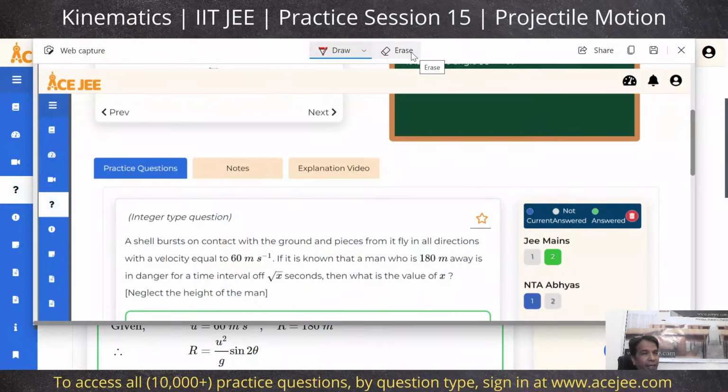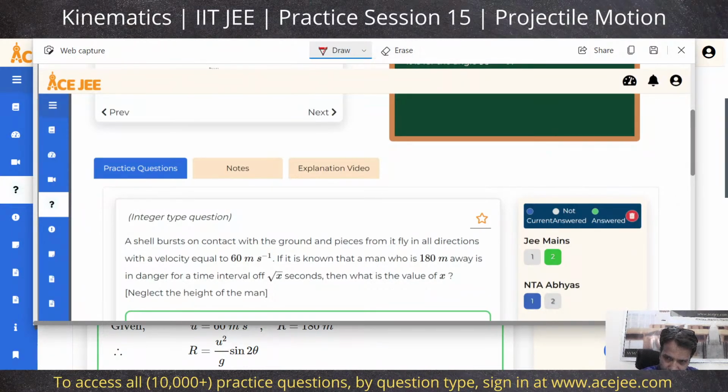And any shell fired between 75 degrees to 90 degrees will not reach that. Any shell fired between 0 degrees to 15 degrees again will not reach that. Any shell fired between theta equals 15 and theta equals 75 will cross the 180 mark in this time duration. So that's why the man or woman, whoever is standing there, is exposed for that duration.